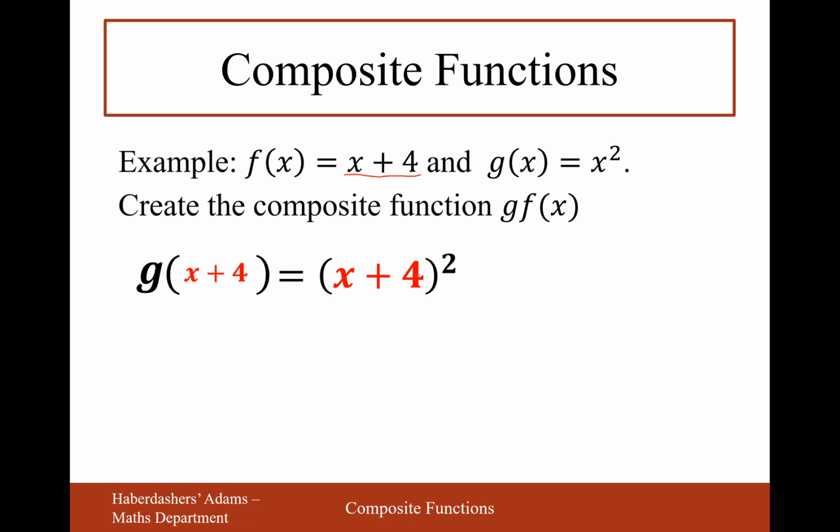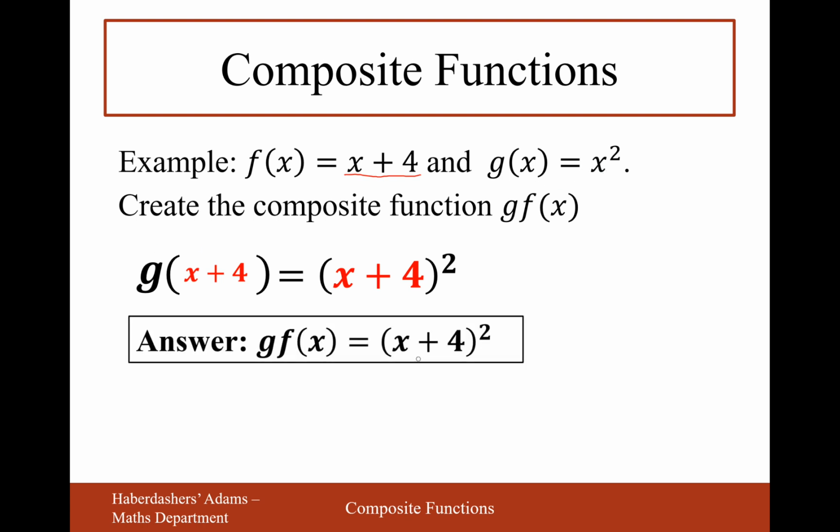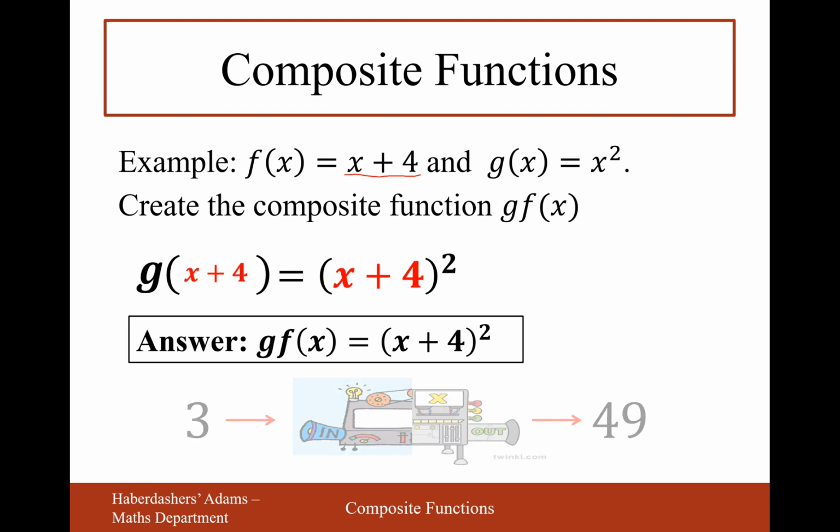So it's now going to be the answer of x plus 4 all squared. This f function went into the g function where x was. So the answer is x plus 4 all squared. And this turns 3 into the number 49.